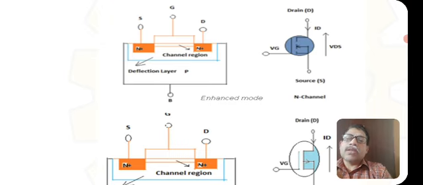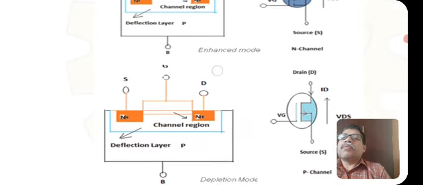The left hand side terminal is taken as source S, and the right hand side terminal is marked as drain D. The channel also comes into picture, with the oxide layer, and the orange colored box on the top is the gate. Therefore the channel is formed here between the gate and the p-type depletion layer. It is an enhancement type mode.